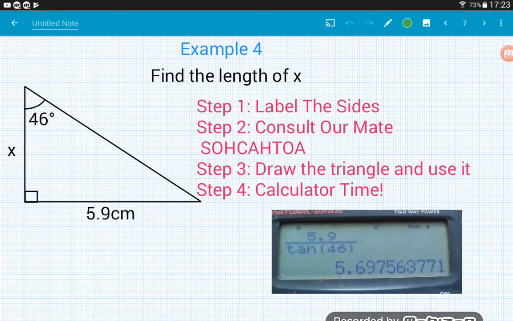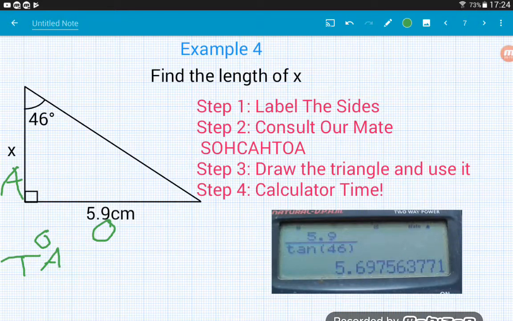Okay, example 4. Our angle has moved places. We're now dealing with the one at the top of the triangle. So be careful when your angles are in different places to what you are necessarily used to. Again, let's label. This 5.9 down here is the opposite, and the x is the adjacent. So again, we're playing with tan. We've got TOA, and this time we're looking for the adjacent.